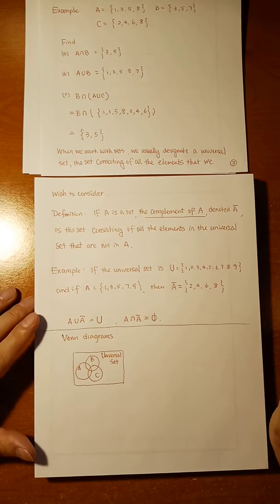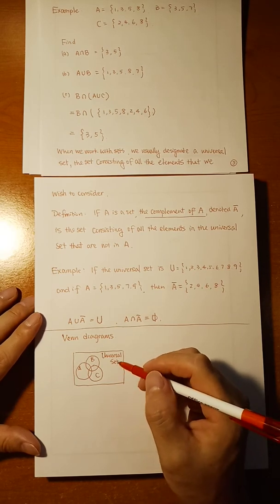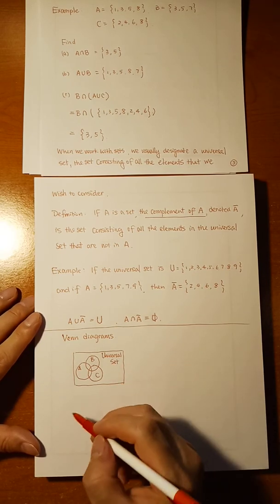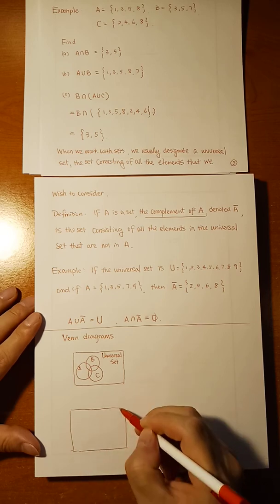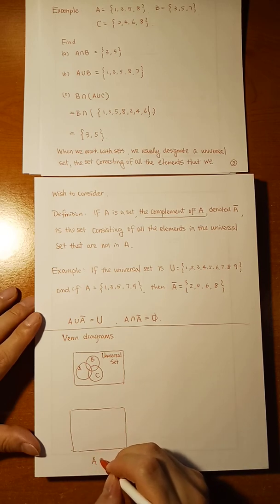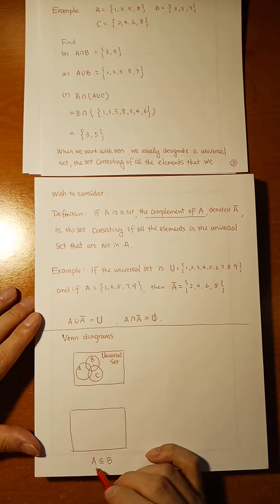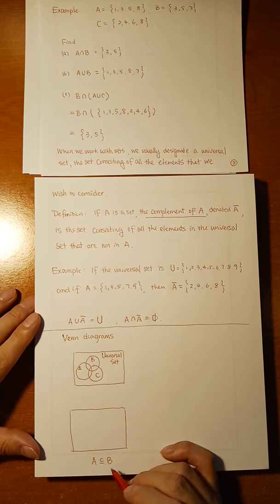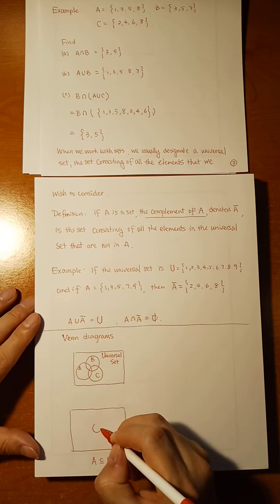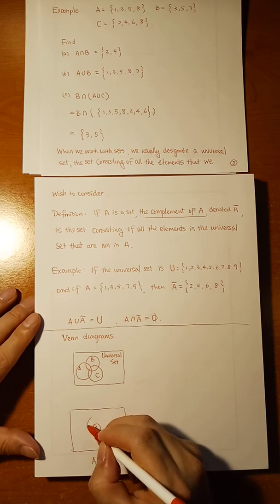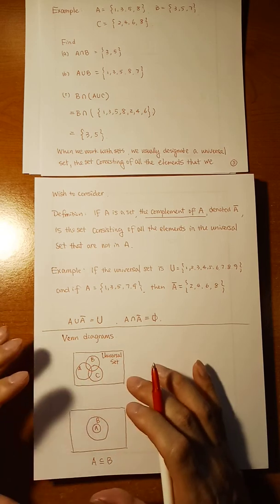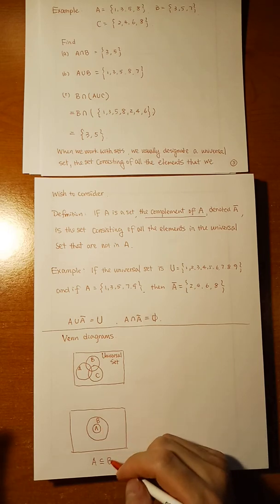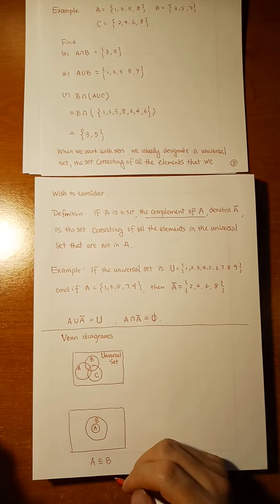With the help of the Venn diagram, let's see what a subset is. A is a subset of B. By definition, it means every element of A is also an element of B. So you draw a small circle A, and you draw a large circle B, totally surrounding this A. This is a subset demonstration.